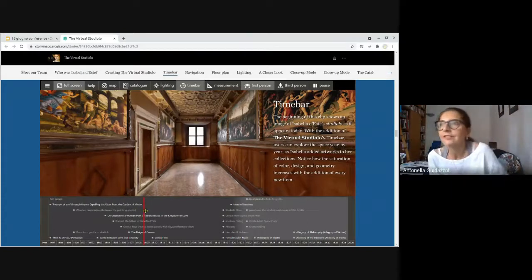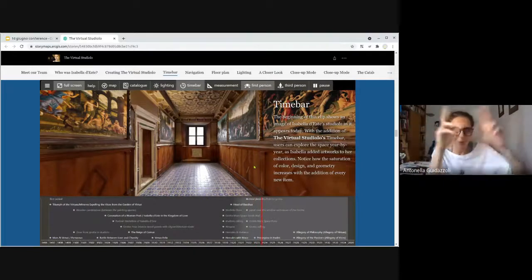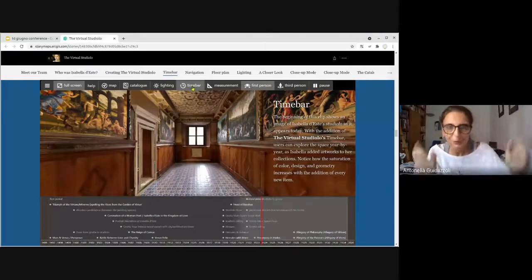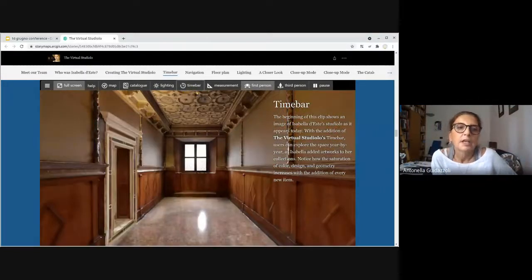This project started with a collaboration of the University of California, Irvine and the University of Chapel Hill, because the University of California, Irvine digitized, with the Archivio di Stato di Mantova, with all the permissions you need, the 28 letters of Isabella d'Este.